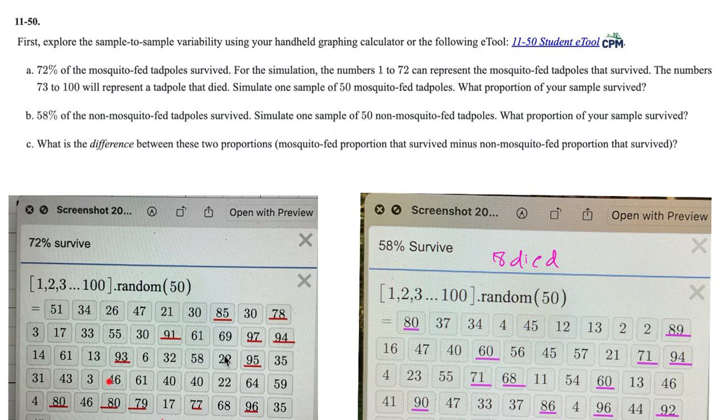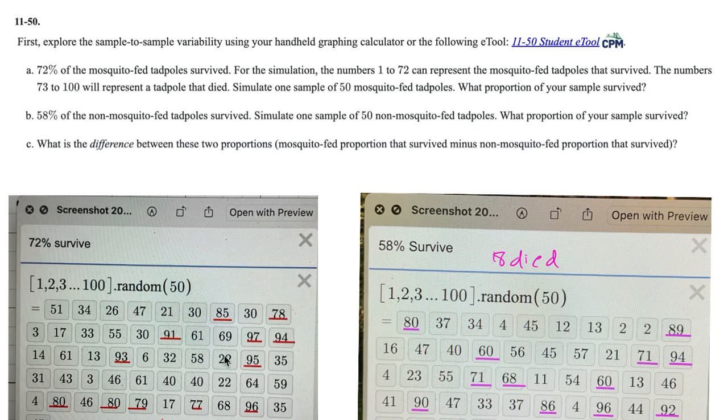So here's my first one, the 72% survived. I counted 12 that died. And here's my 58% with 18 that died. The question asks what proportion of your samples survived.